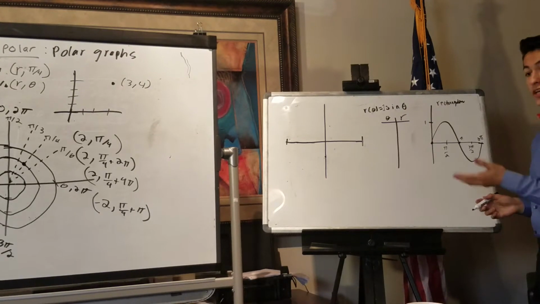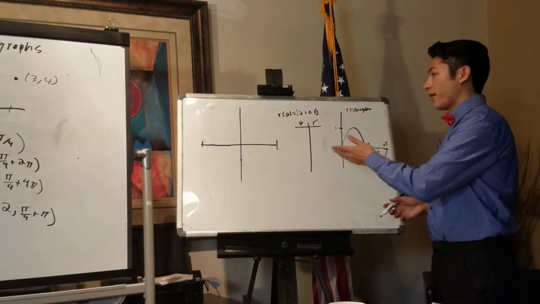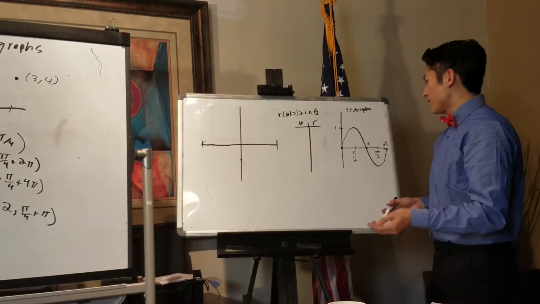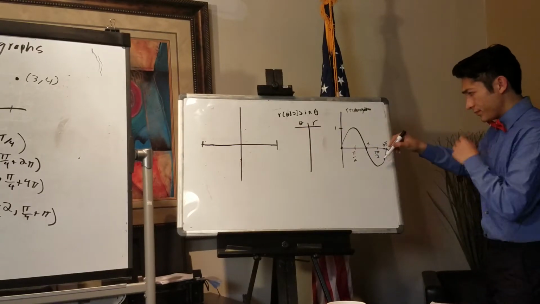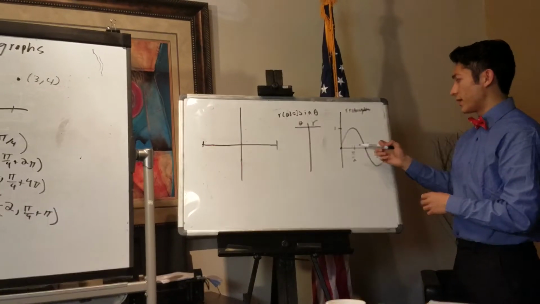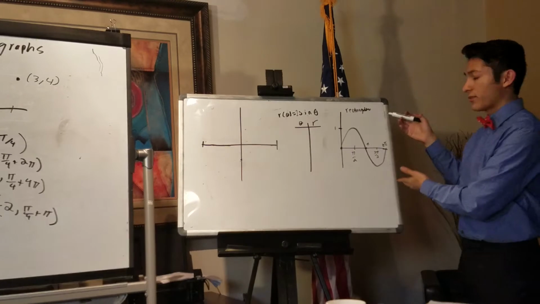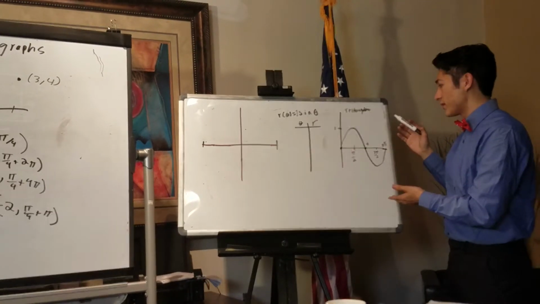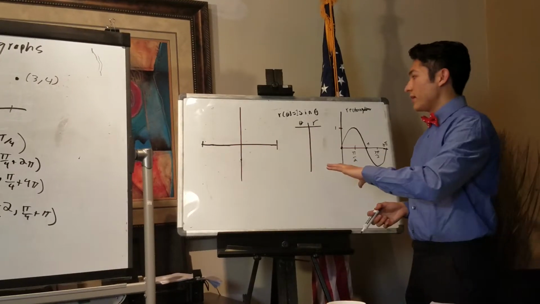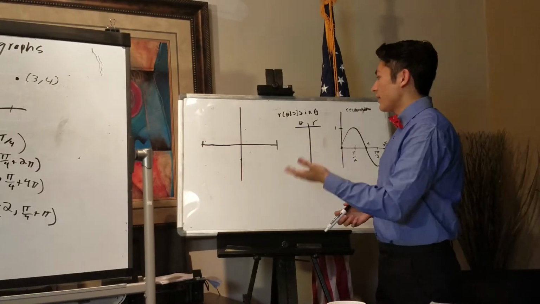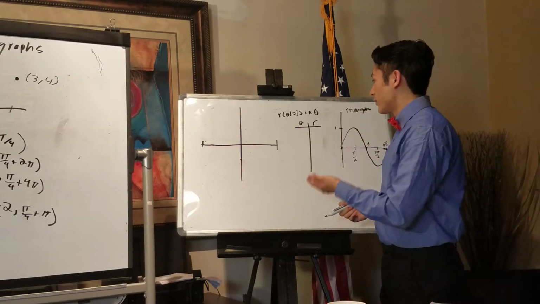Now, in polar graphing, it's much different because in rectangular, it goes on to infinity because this graph oscillates. I wouldn't say it rotates, it oscillates. But in polar graphs, the sine function or any r function will rotate.